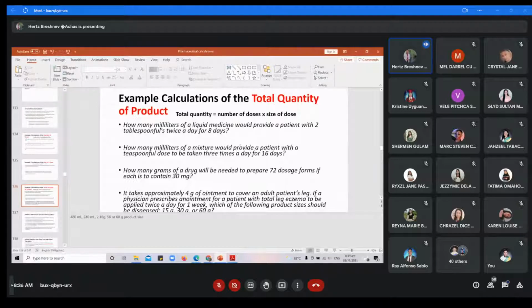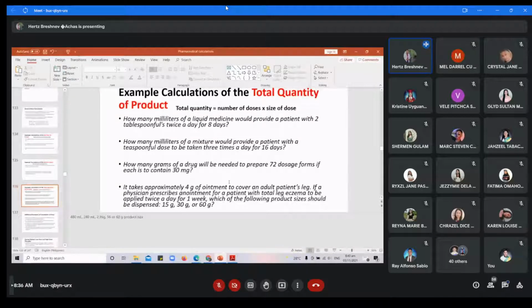Next problem: how many milliliters of a mixture would provide a patient with a teaspoonful dose to be taken 3 times a day for 16 days? Next: how many grams of a drug will be needed to prepare 72 dosage forms if each contains 30 milligrams? Last question: it takes approximately 4 grams of ointment to cover an adult patient's leg.